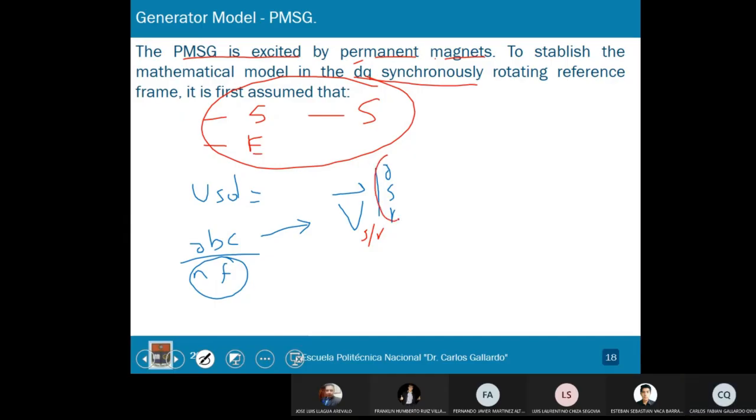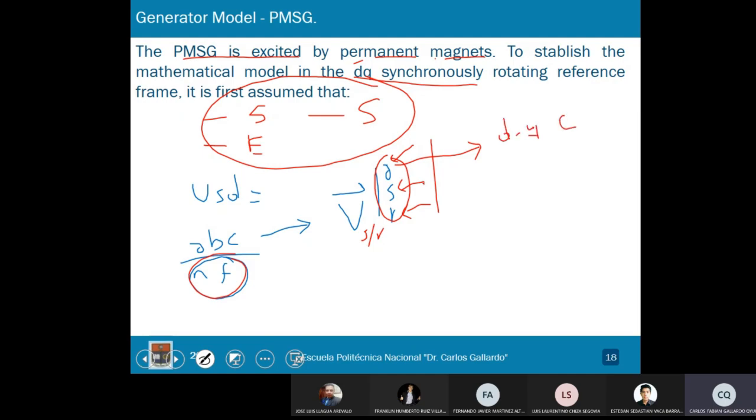The superscript represents the synchronous reference frame, the stator reference frame, or the rotor reference frame. Later on, if I am working in the synchronous reference frame, I have the possibility to split up in the DQ axis components.